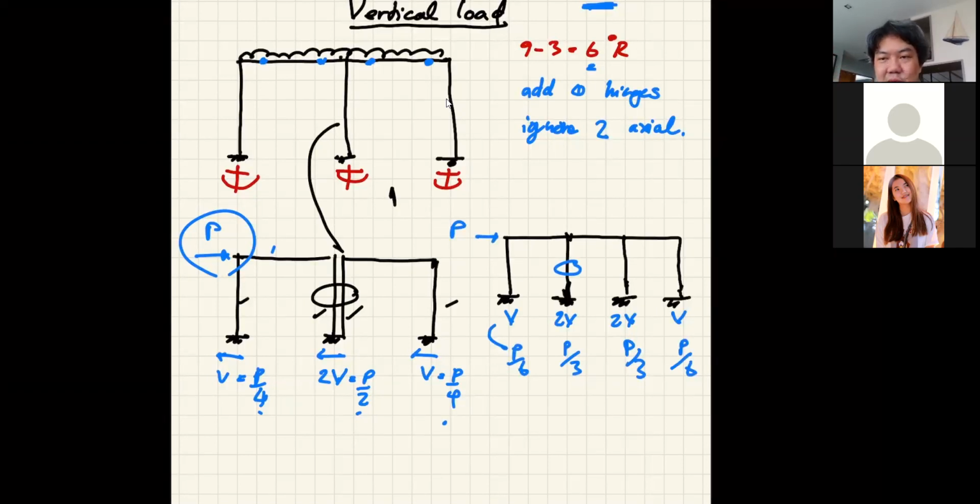And I used to talk with Ajahn Anek and he made us some small suggestion that maybe we should teach this first. We should teach students to approximate the structure first, and then teach the slope deflection or moment distribution later on for a more precise or more accurate calculation.